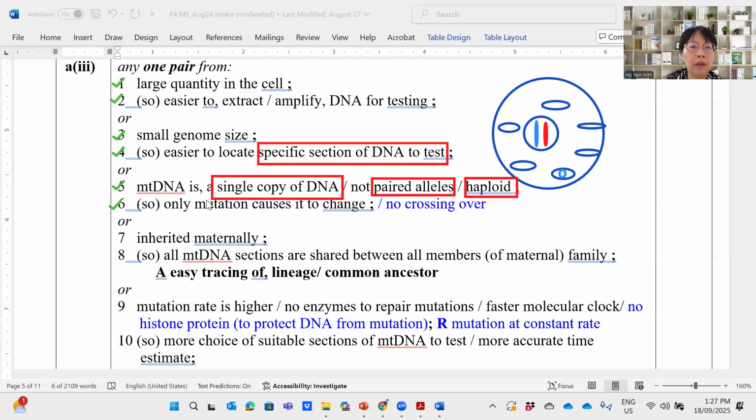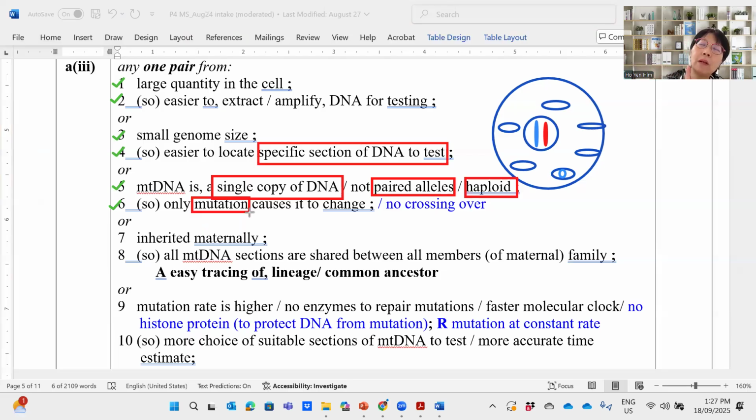So the genetic material remains the same, quite stable throughout generations, unless mutation occurs. So we want that stability so that we can trace the genetic relatedness.